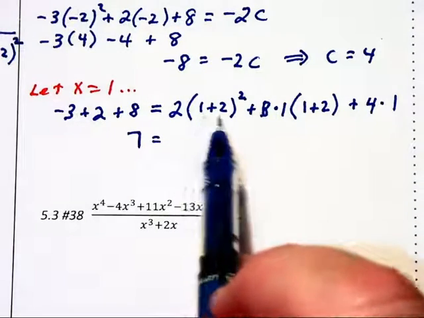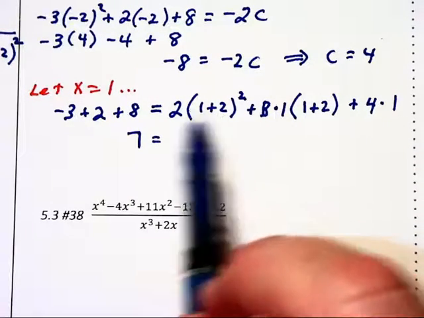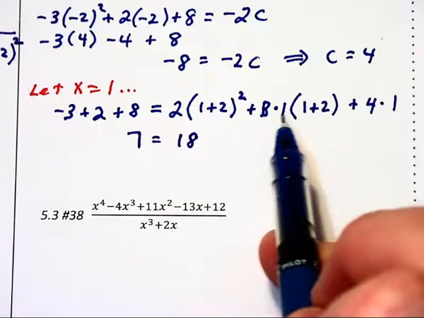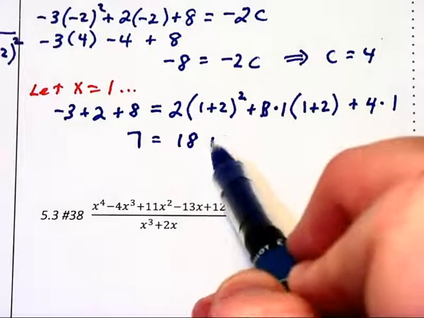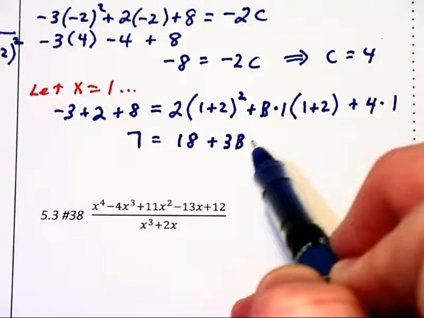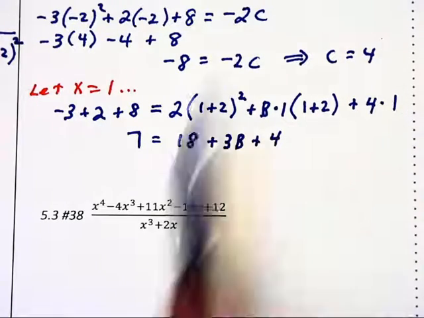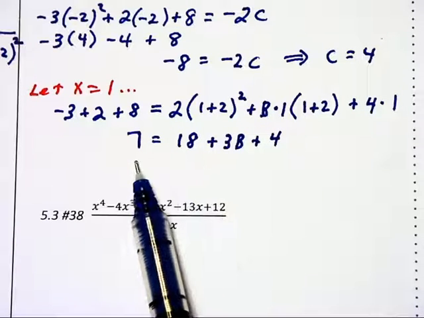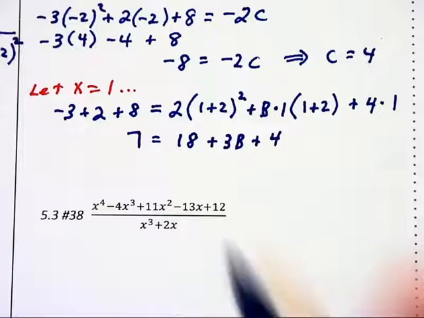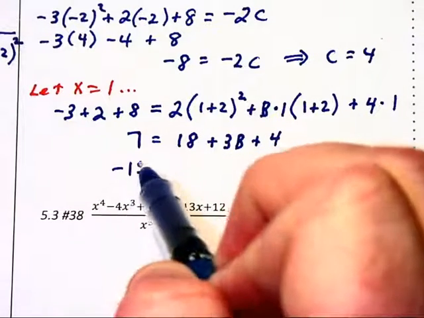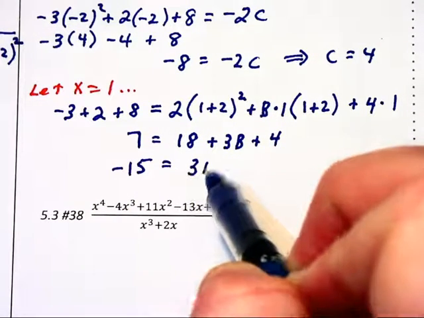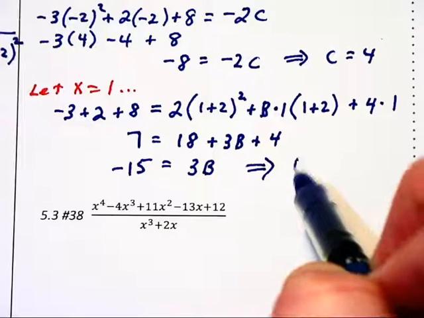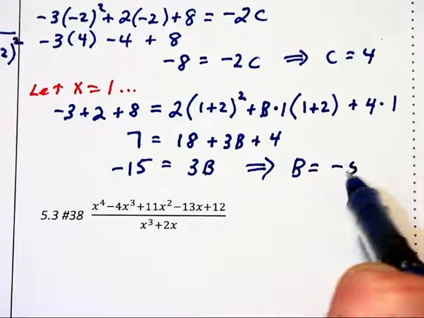We're going to have 1 plus 2, that's 3 squared is 9, times 2 is 18. This will become a 3 times 1 times b, so plus 3b plus 4. Okay, on the right we've got 22, which we will subtract off. 7 minus 22 makes negative 15, equals 3b on the right, and therefore b is going to equal negative 5.